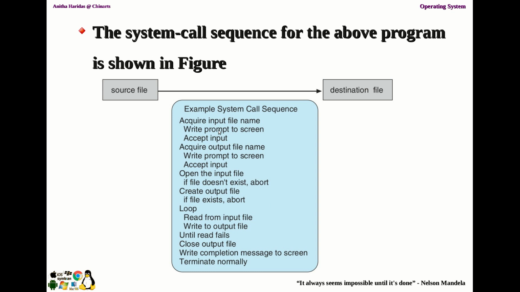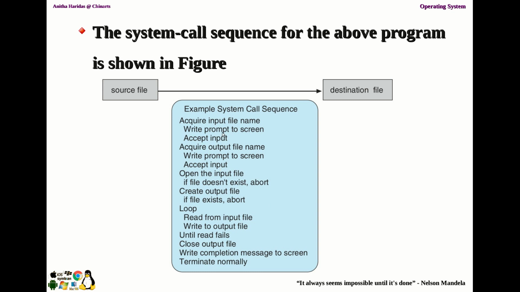So this is dealing with the system calls for input output operations. Again, you have to acquire the output file name, that is the destination file name. Like in your C program you will have a printf, enter the destination file name, that is what you call write prompt to the screen. Then you get the file name from the user.